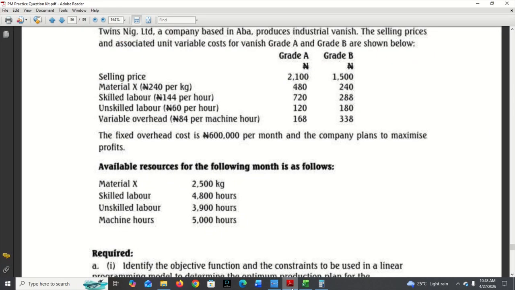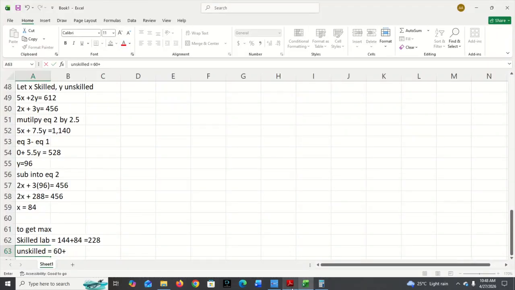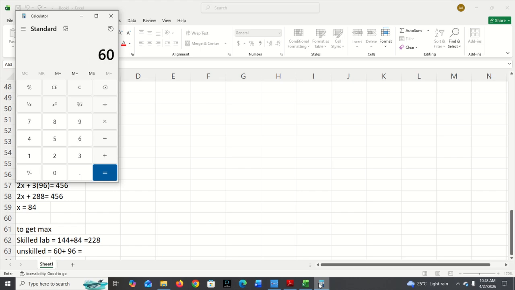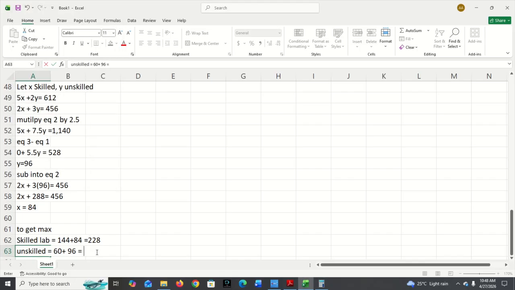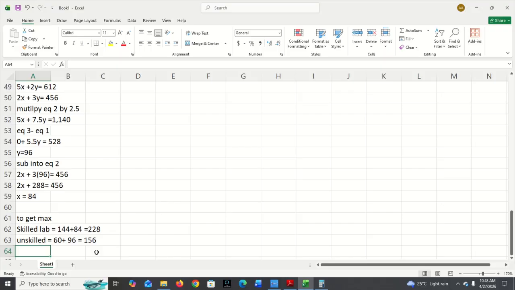Okay, see here, y is 96. 60 plus 96 will give me 156. So I have 156 here. That's the value of both my skilled and unskilled labor. All right, great.